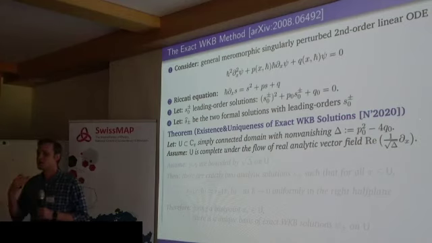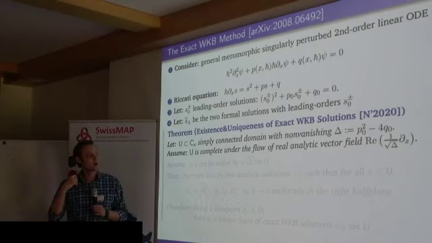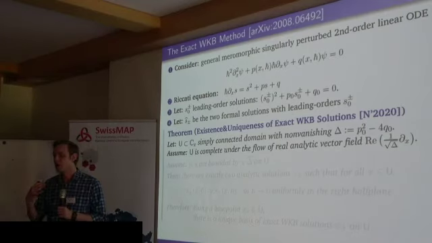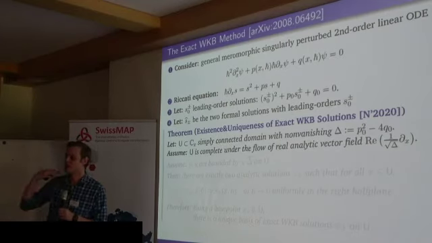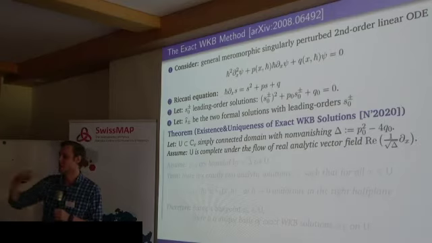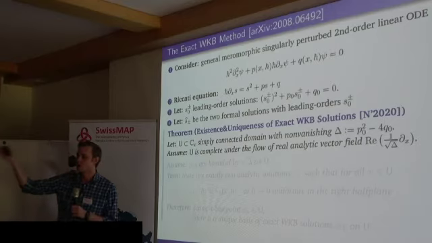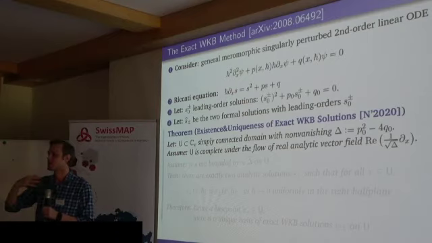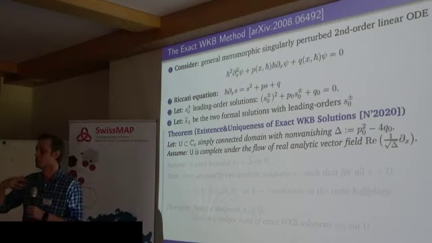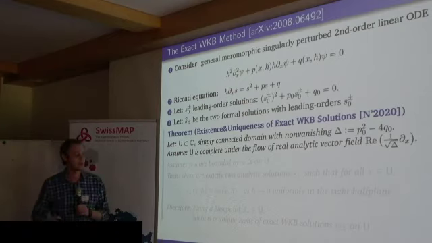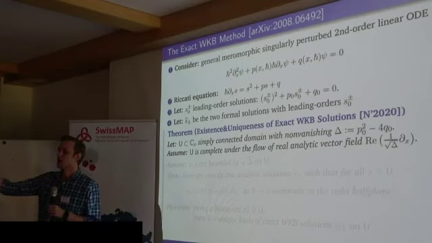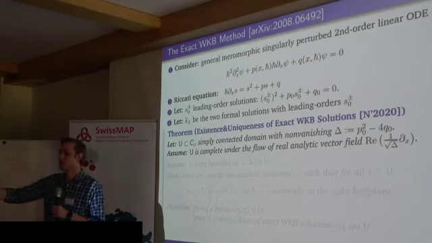And the condition is that I need to take U and flow it under this vector field. Of course, when you flow sets, that immediately becomes a non-local problem. What you want is that the flow of this vector field is complete.